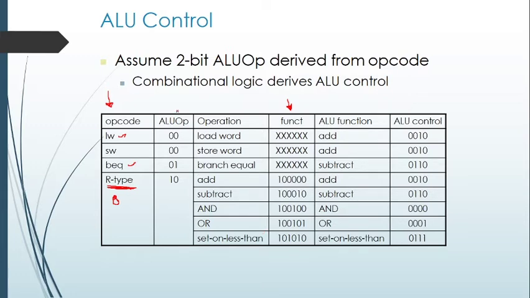So let's see this ALUOp. It actually comes from the main control unit. The main control unit only depends on the opcode. It's basically a black box that has an input, which is the opcode.